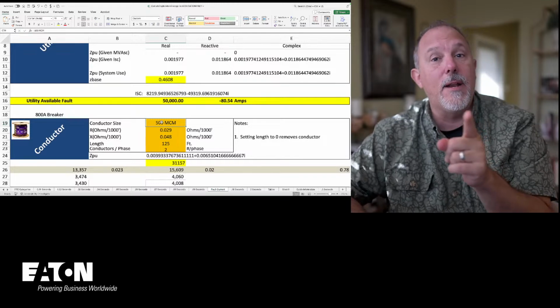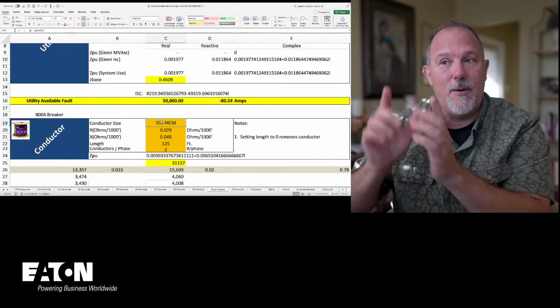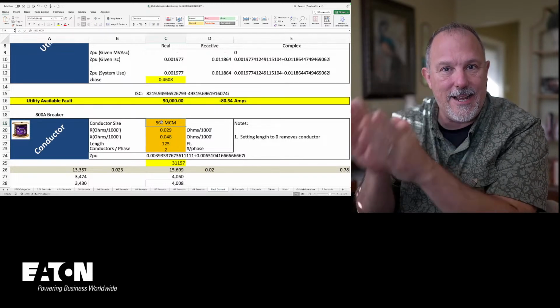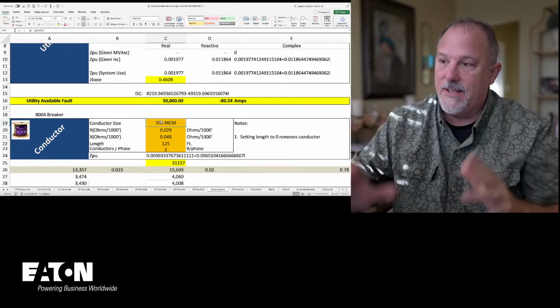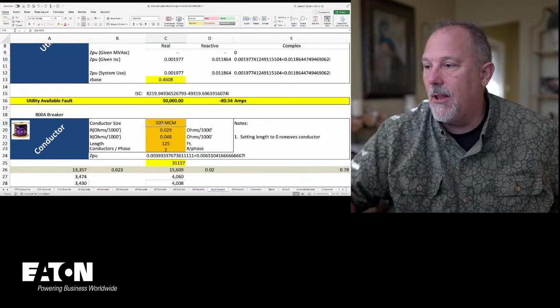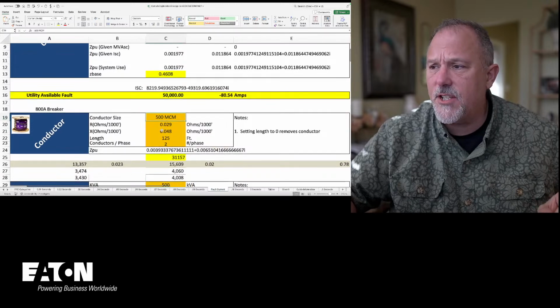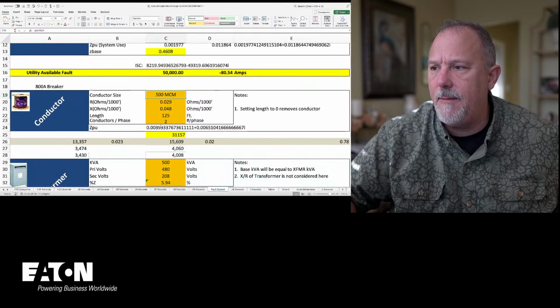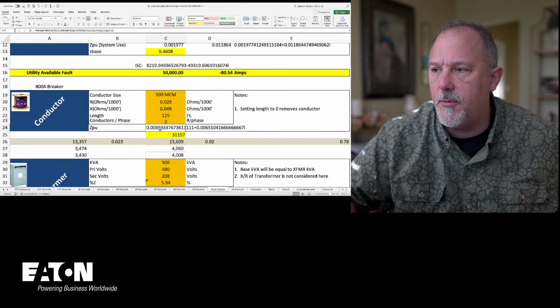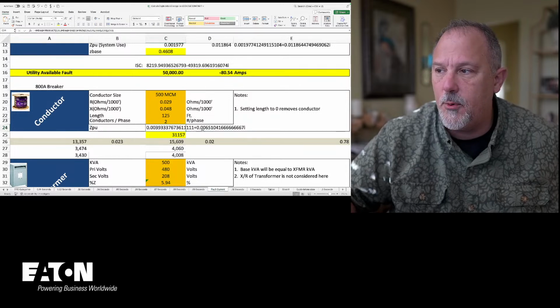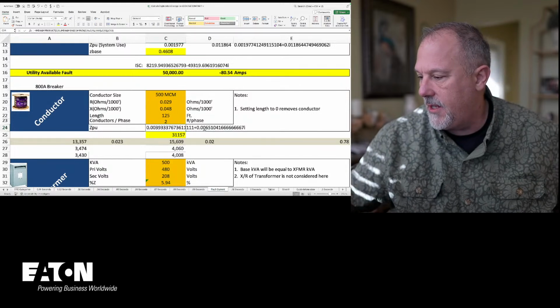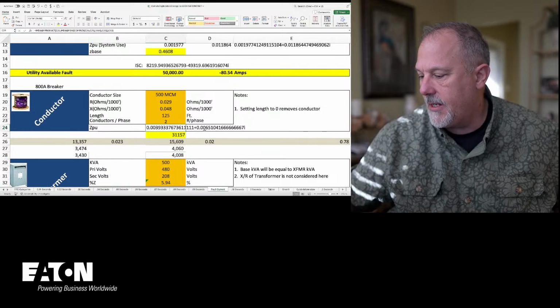All right, and then I'm going to show you how I calculated incident energy on this. So just bear with me. It shouldn't take that long. Here's my 500 MCM, and my impedance was 0.003933 plus j0.0065. That's my per unit impedance. Let me find my conductor 1.